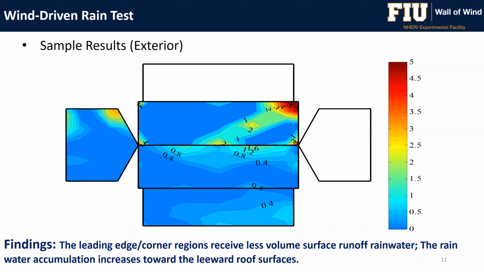This is the outcome of the study. We can come up with contour plots; this particular example is the surface runoff rainwater. Just to give you a perspective here, wind is approaching from the bottom left corner. Let me add my pointer here.